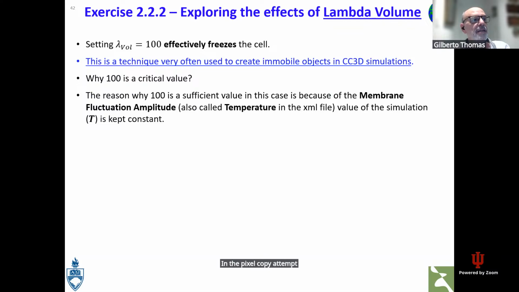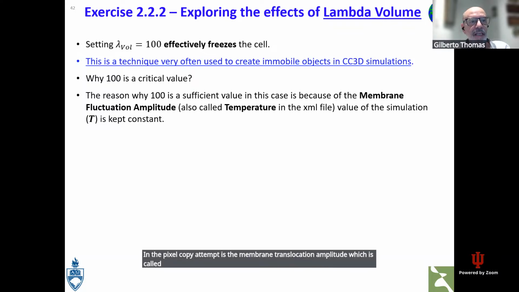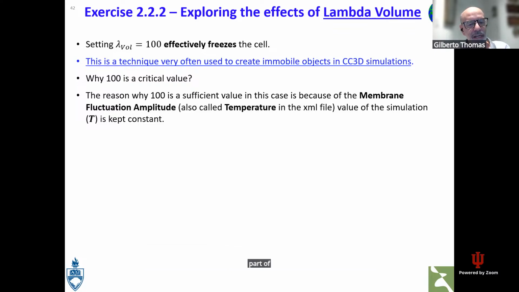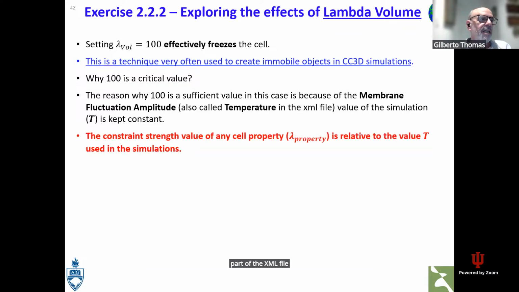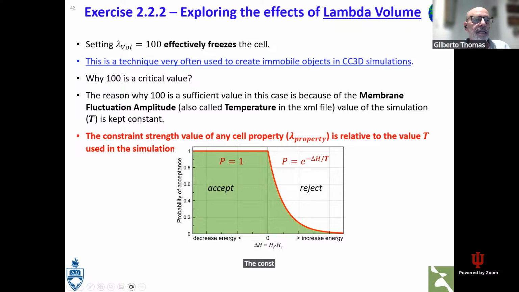It is the membrane fluctuation amplitude, which is called temperature in the Potts part of the XML file. When you change the constant, the lambda property, you are altering the relative value with the temperature in the simulation.